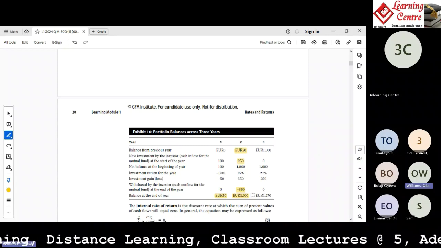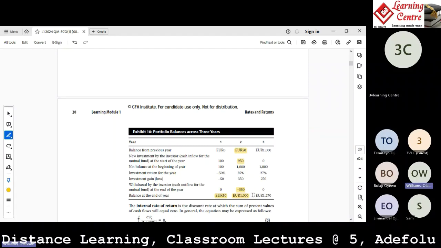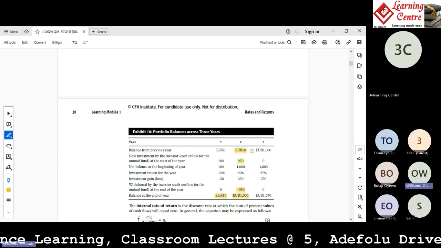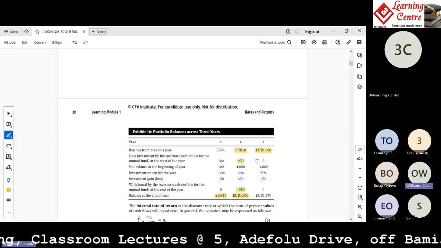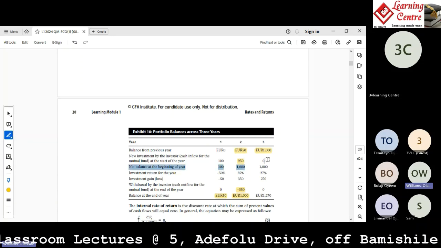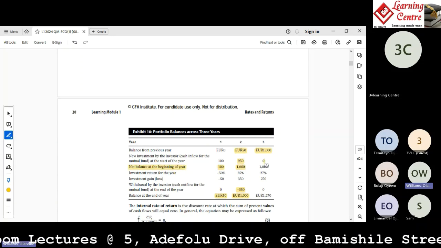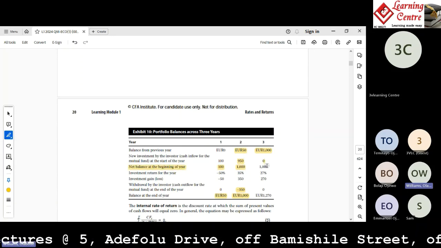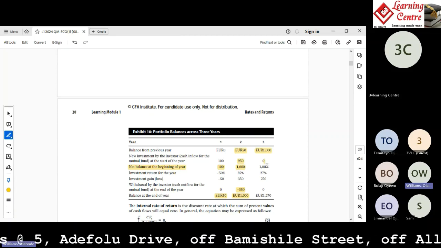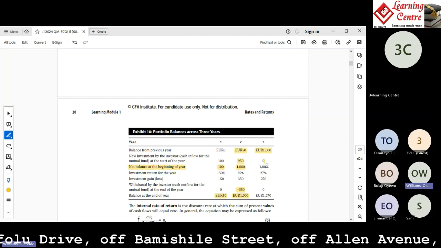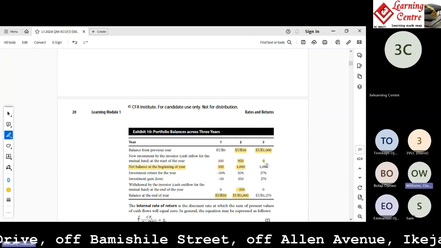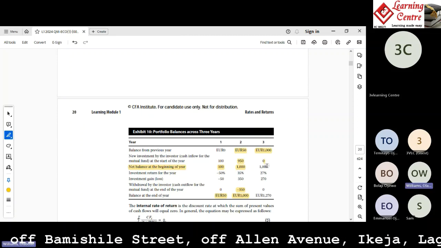In year 3, you will start with the previous year's balance, which is 1,000. You did not add any money, so it's 0. So the total amount of money you have to invest is still 1,000. And in that year, you made a return of 27%, which means you made 270 extra.